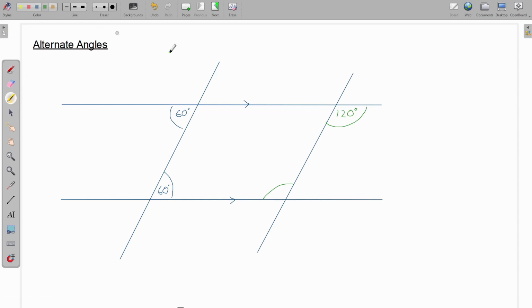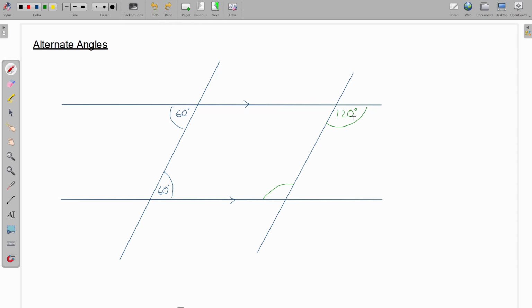If we have a look at it, we have a backwards stretched out Z. Shape of the Z doesn't matter. As long as we can discern a Z shape, we can use alternate angles. Now again, the arms of the Z, here and here, are line segments of the parallel line.